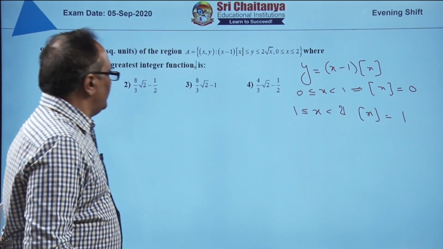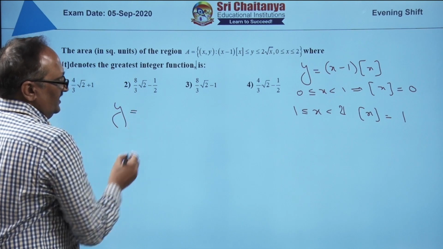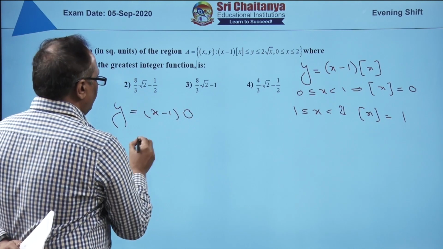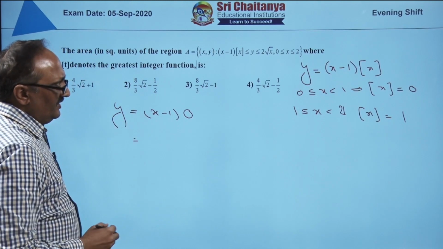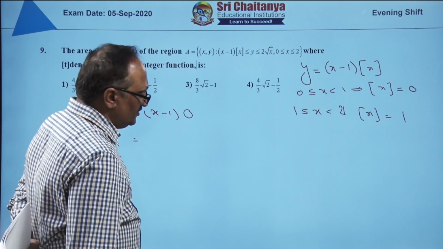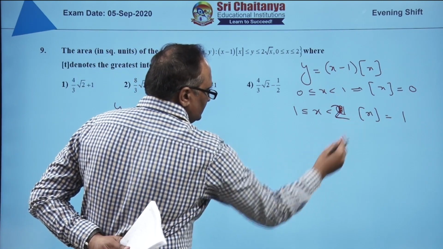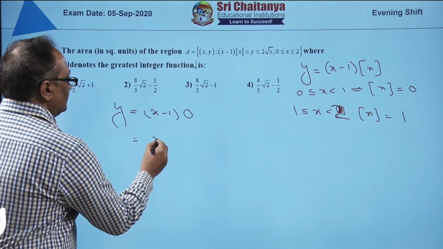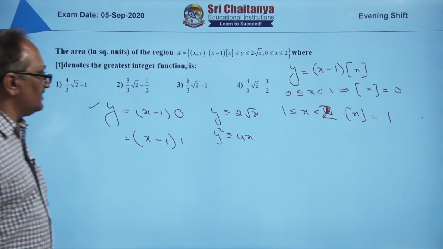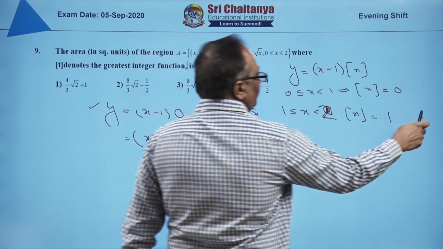In this case, we can define the function: when step x is 0, y is equal to 0, and the second relation is x minus 1 into step x. When x lies between 1 to 2, step x is nothing but 1, so that is x minus 1 into 1. Check the graph of this function, it is very easy to draw.